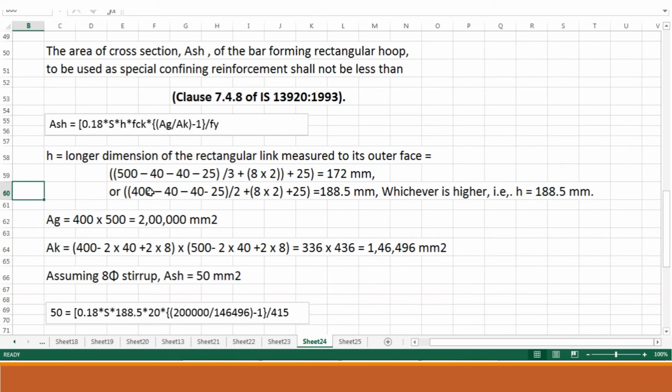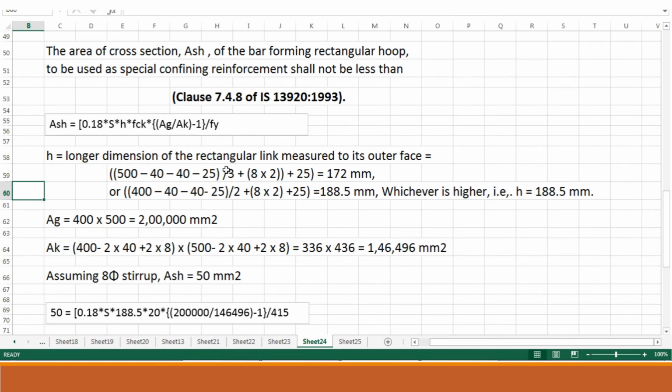So what we are getting from this formula from 7.4.8, Ag is the gross area, Ak is the core area, so we have subtracted the area of the diameter of the outer section, and then fck is known to us.